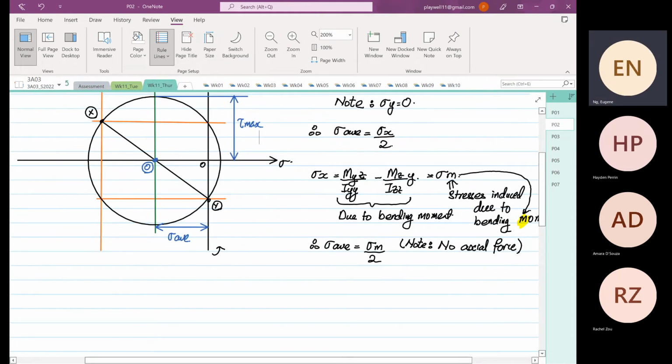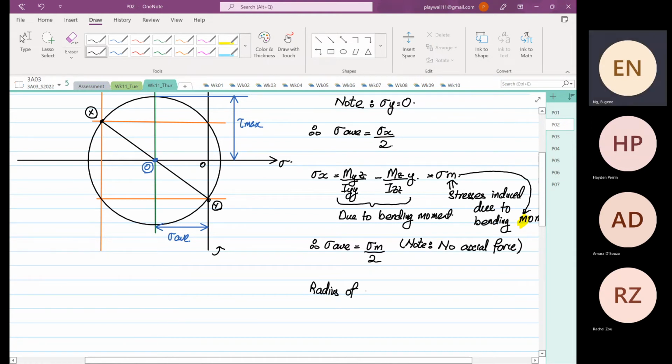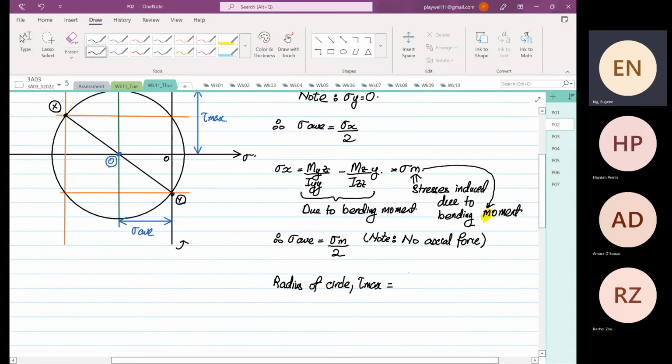It is the radius of the circle, which is your tau max, and this is equal to the square root of the average stress squared plus the shear stress in the xy direction squared.